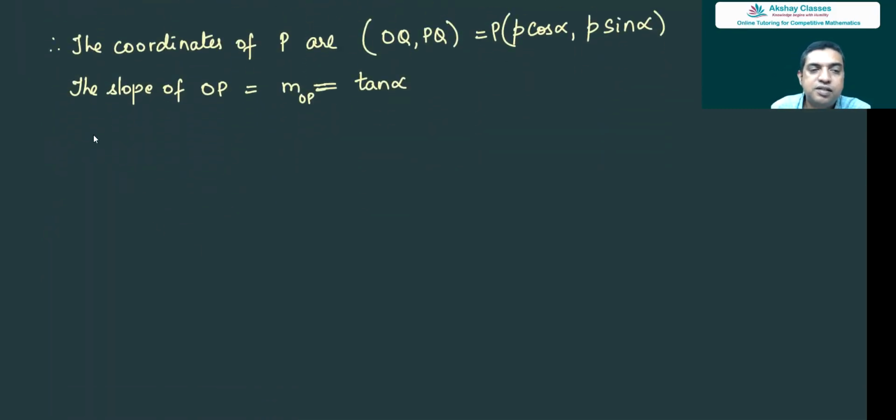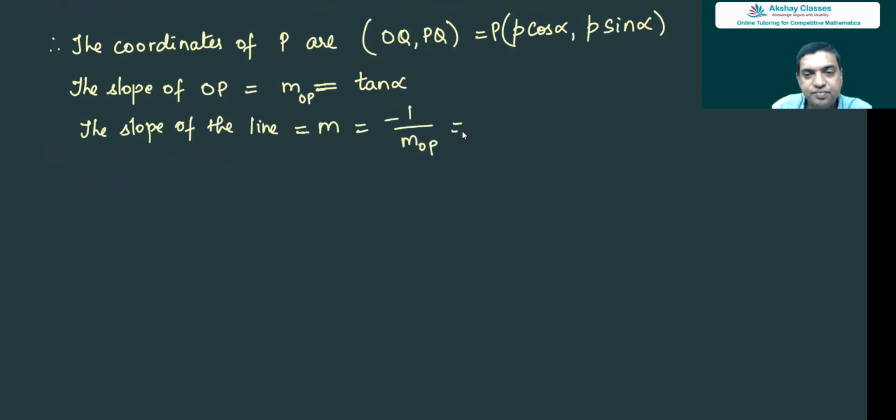So slope of OP is this. Now the slope of the line is M, which is equal to -1 upon M OP, because these two lines are perpendicular. So we get -1 upon tan alpha, that is, we can write this as minus cos alpha upon sine alpha or minus cot alpha.